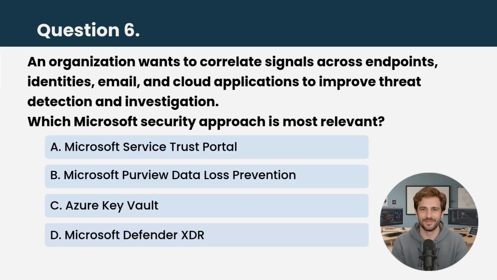Question 6. An organization wants to correlate signals across endpoints, identities, email, and cloud applications to improve threat detection and investigation. Which Microsoft security approach is most relevant? A. Microsoft Service Trust Portal. B. Microsoft Purview Data Loss Prevention. C. Azure Key Vault. D. Microsoft Defender XDR.